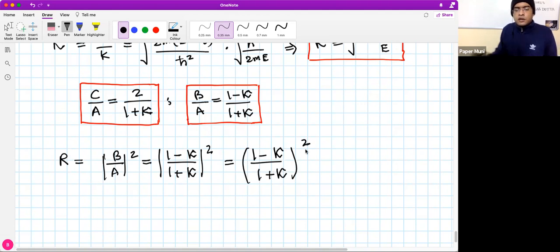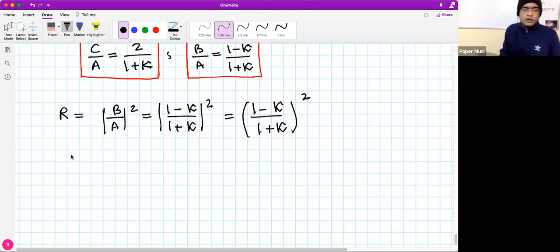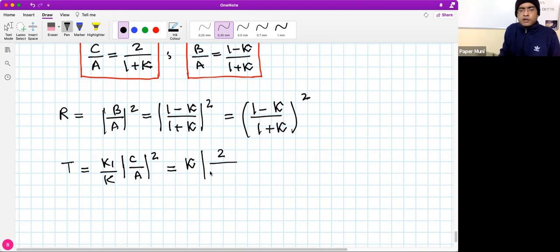And if you write this down, we have t, where t is k1 by k times mod c by a square, and this thing is equal to kappa, and inside we have 2 by 1 plus kappa.